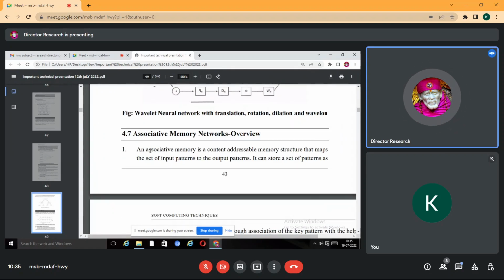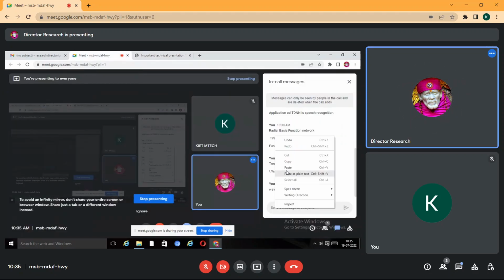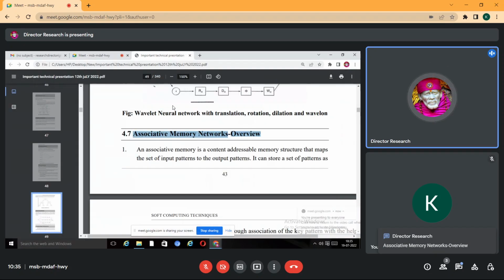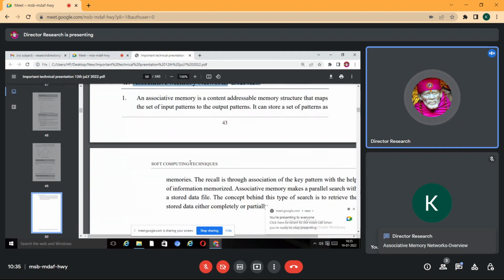Associative memory networks overview. An associative memory is a content addressable memory structure that maps a set of input patterns to output patterns. It can store a set of patterns as memories.